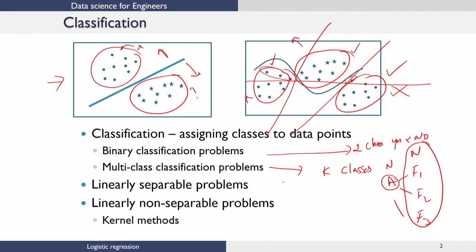So, in general when we look at classification problems, we look at whether they are linearly separable or not separable. And from a data science viewpoint, this problem right here becomes a lot harder, because when we look at a decision function in a linearly separable problem, we know the functional form, it is a hyperplane, and we are simply going to look for that in the binary classification case.